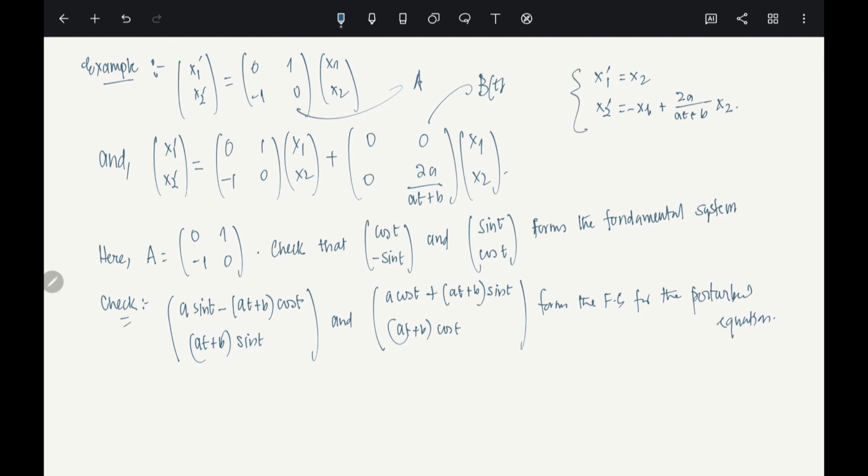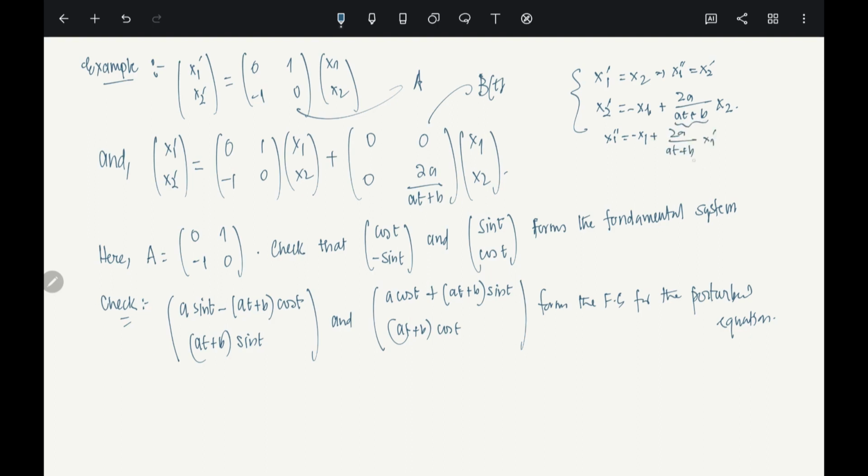Now for this system, this will imply that x1 double prime is x2 prime. If you replace it here, x1 double prime is minus x1 plus 2a by (a t plus b) times x2, which is nothing but x1 prime.